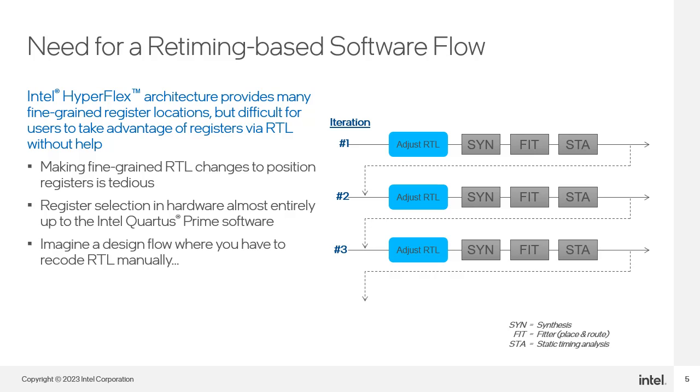So assuming you don't manually place registers, the typical flow could require many iterations of recoding your RTL to try to get the compiler to map the right RTL register to the appropriate hyperregister location. In some sense, though the architecture makes the faster speeds possible, the work needed to reach those speeds would make the solution completely undesirable. Thus, the hyper-aware software flow is required.